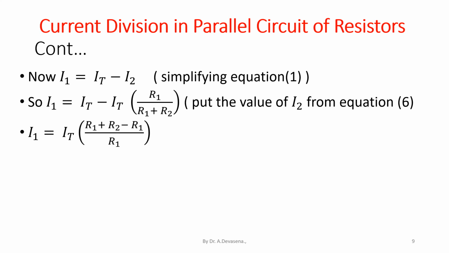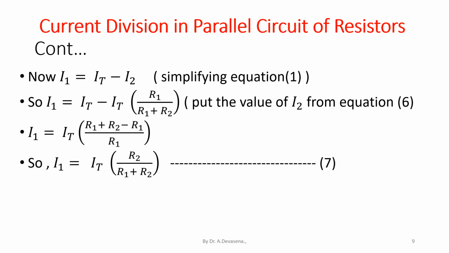So, the value of I1 is equal to I suffix T into R1 plus R2 minus R1 divided by R1. So, I1 is equal to I suffix T into R2 divided by R1 plus R2. Consider this as equation 7.